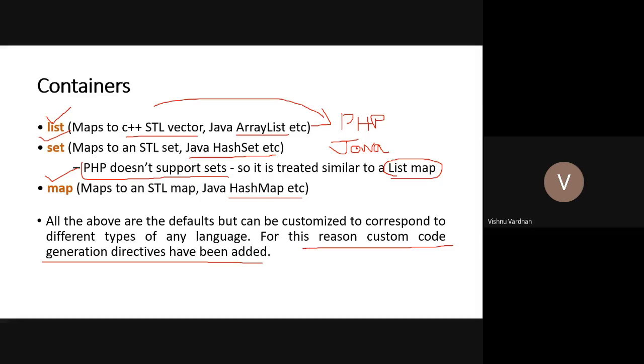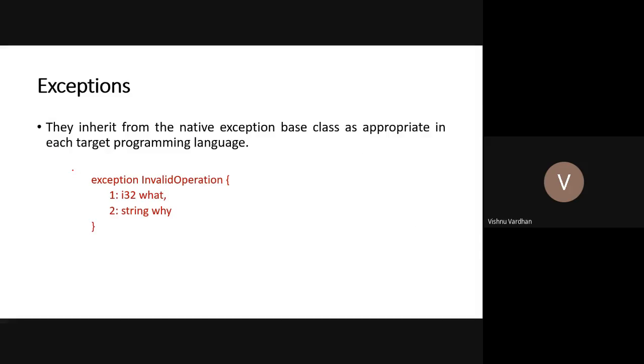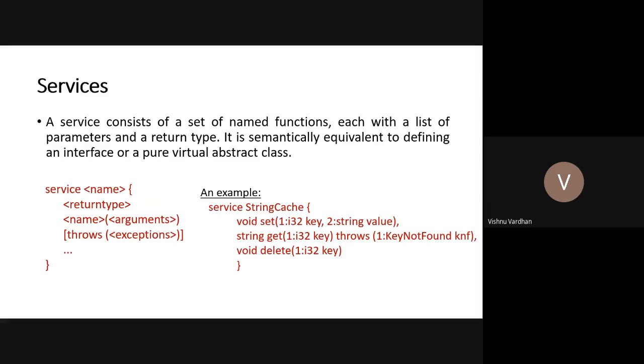So these are being categorized in that way. And exceptions, they inherit from the native exception base class, and every programming language has some exceptions, so here it will be defined in this way: exception, invalid operation, something like this. Okay, so exceptions are supported.